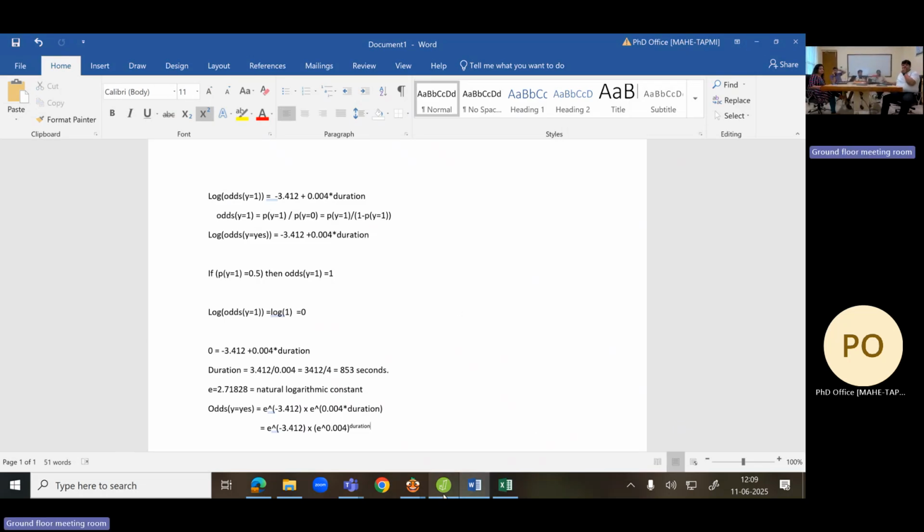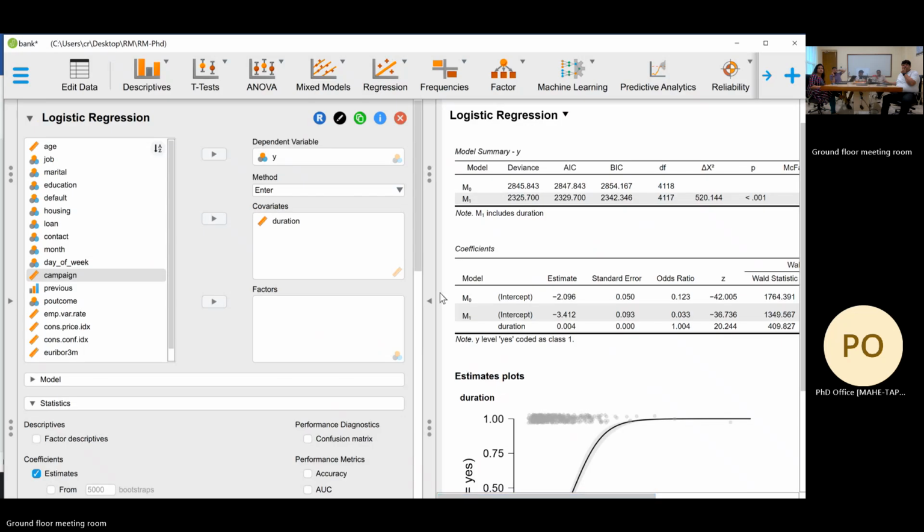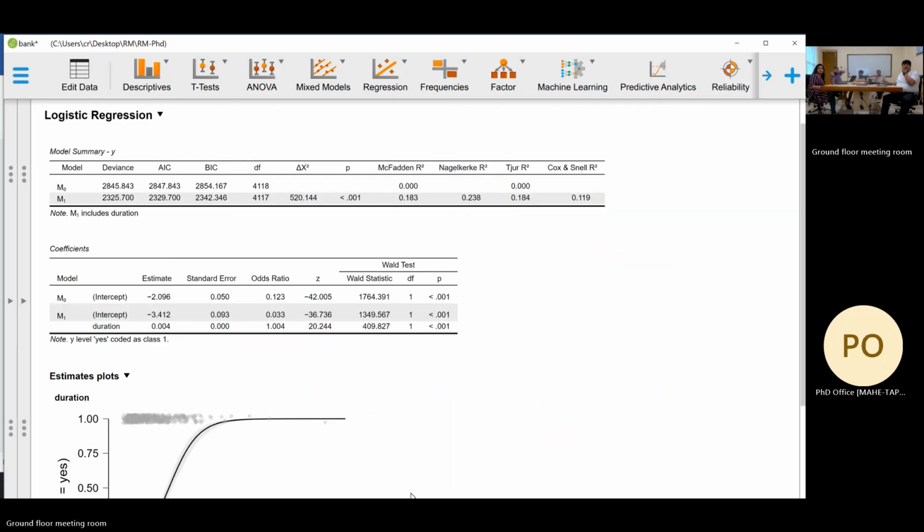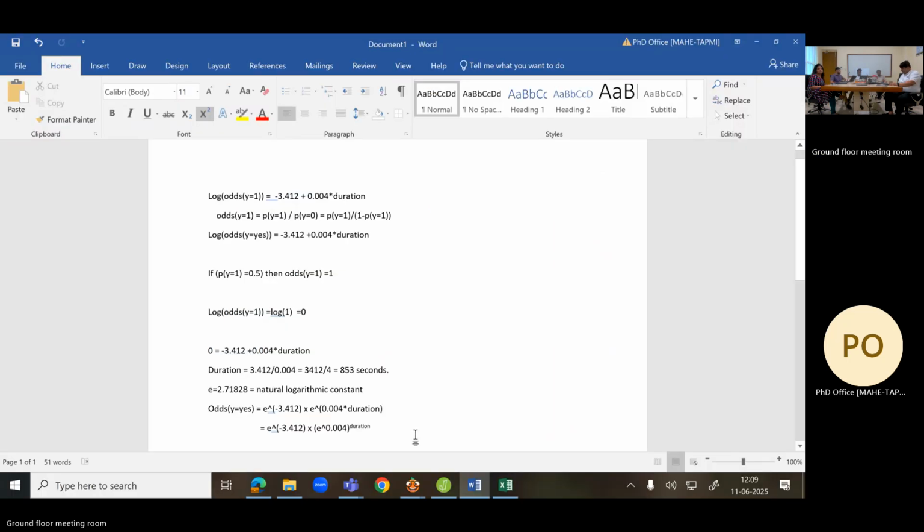Now, what is the meaning of this? Why did we again calculate the odds ratio? I will just put the values now.